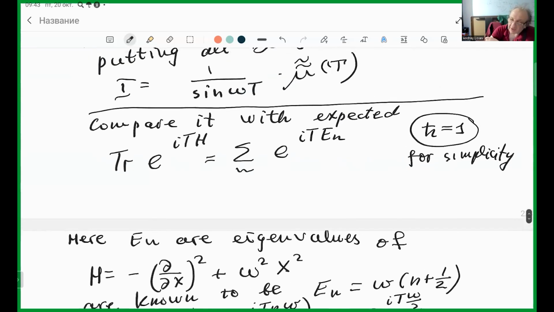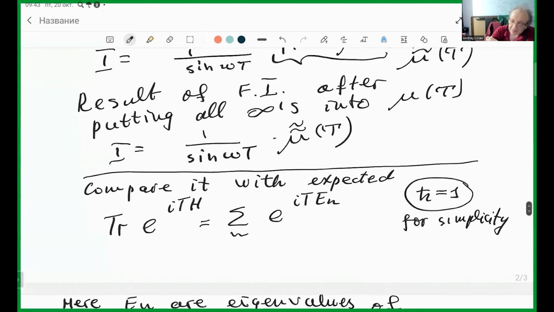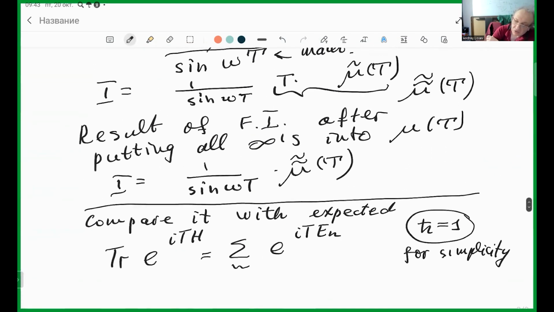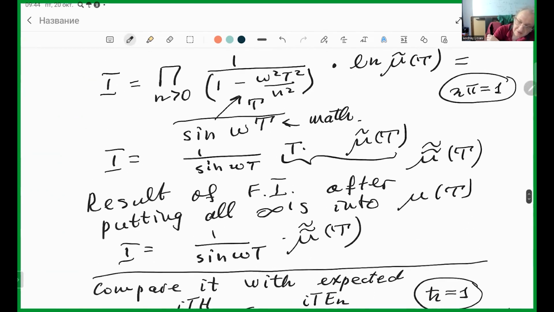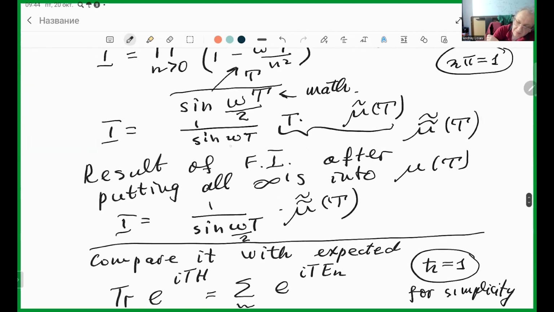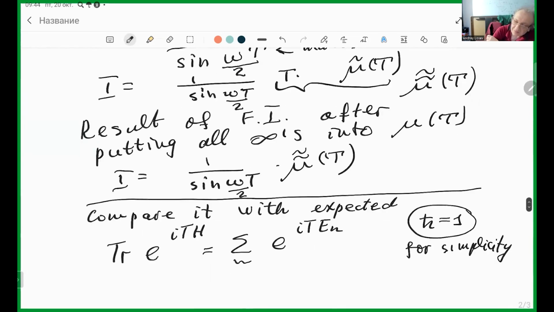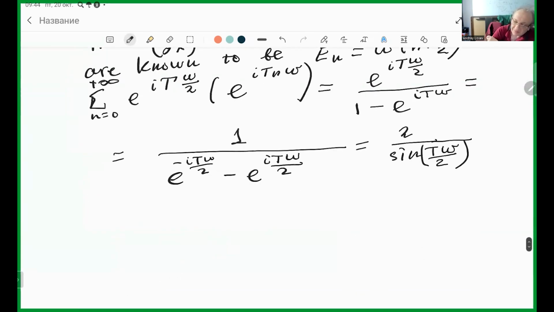So now I can compare these formulas. Okay. So most probably I made a mistake here, and here it is over 2. So the formulas are the same.